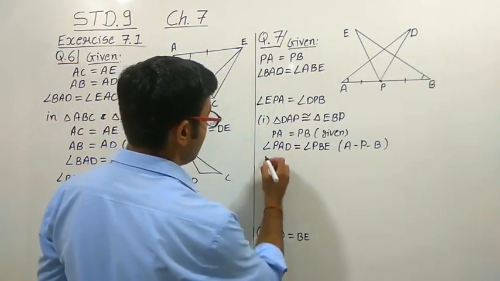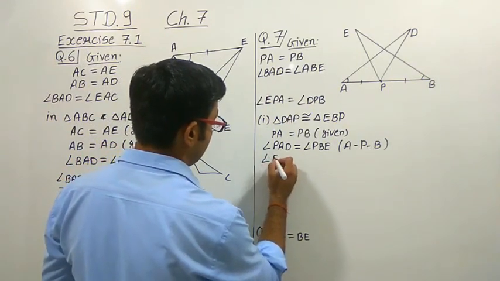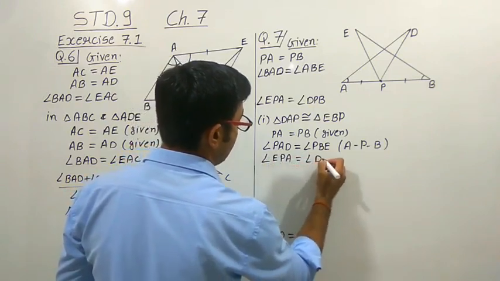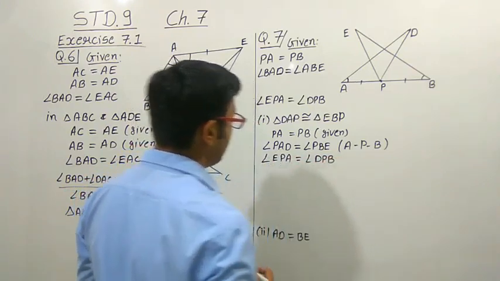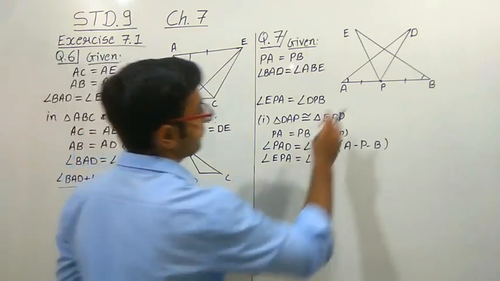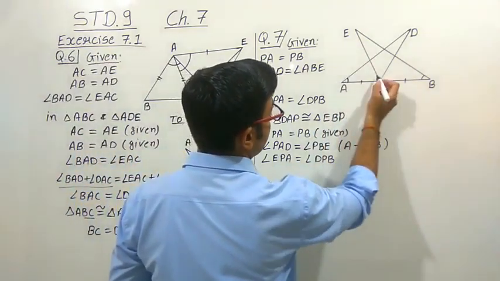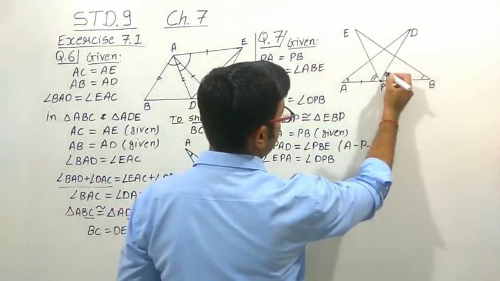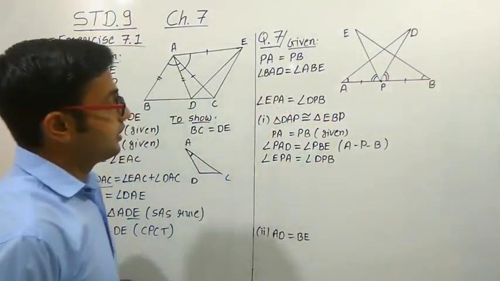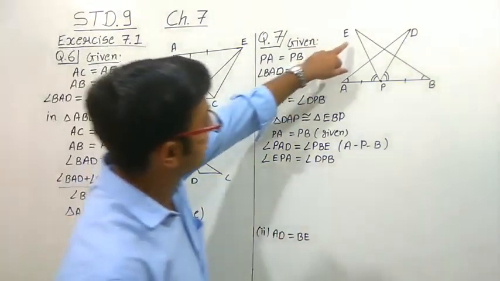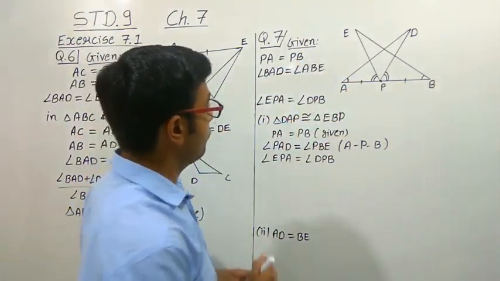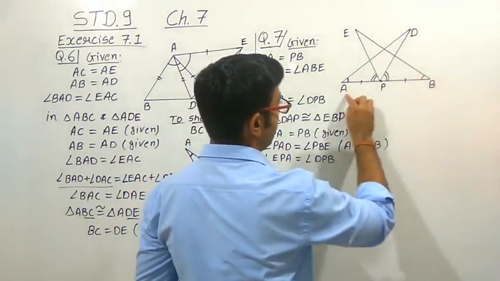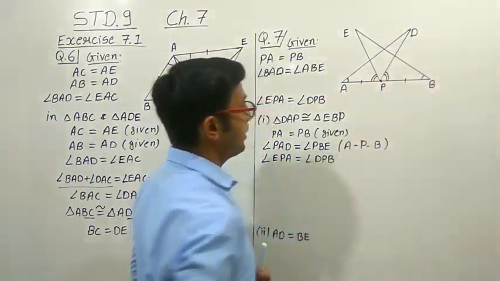Third condition is that angle EPA is equal to angle DPB. Now EPA means this angle, and DPB means this angle. Now see here, if we want to take this angle APD, then only this much of the angle is here.